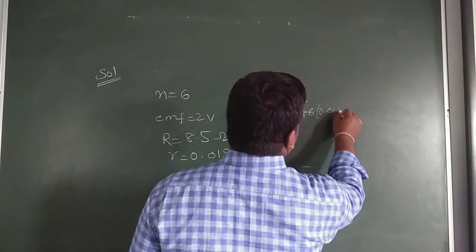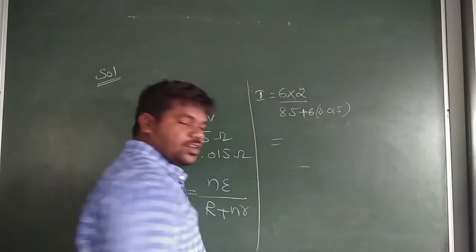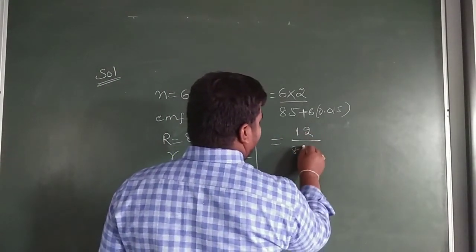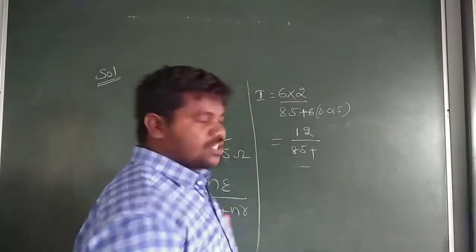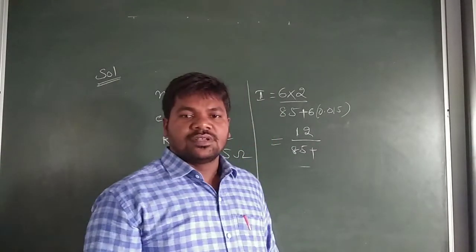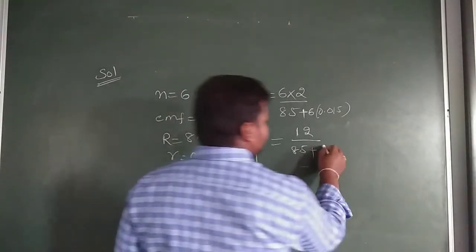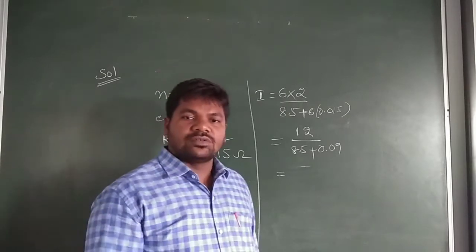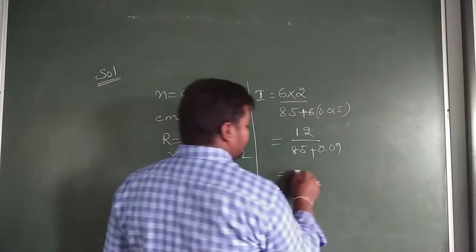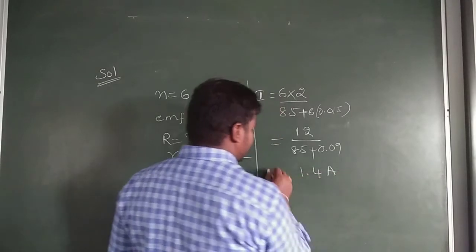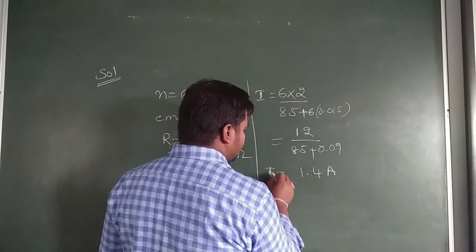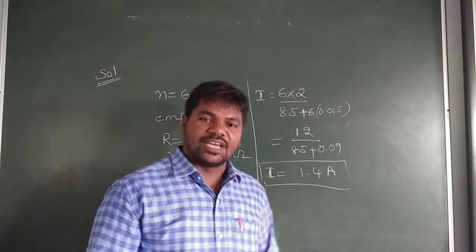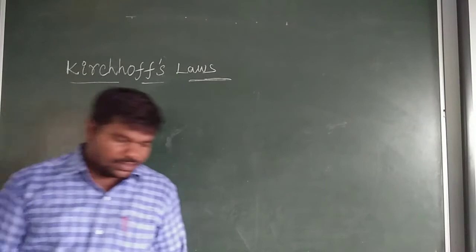So 6 into 2 is 12, divided by 8.5 plus 6 into 0.015, which is 0.09. So we get the value 1.4 ampere. The current flowing through the circuit is 1.4 ampere.